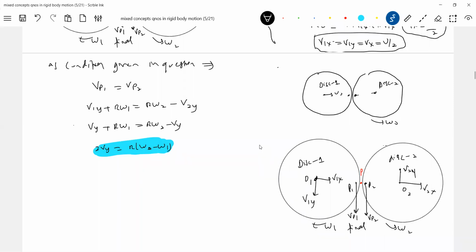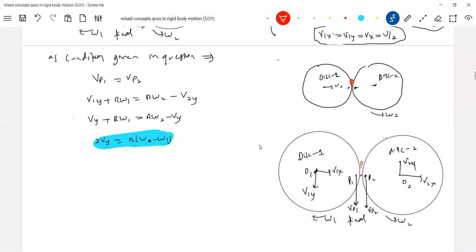Now look at this, and this is that point P. What was the initial angular momentum about point P?